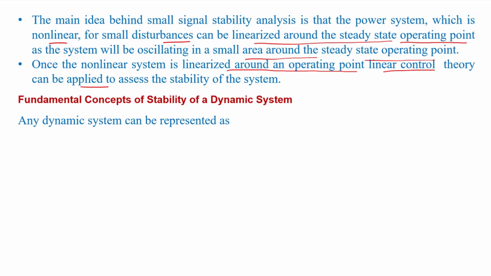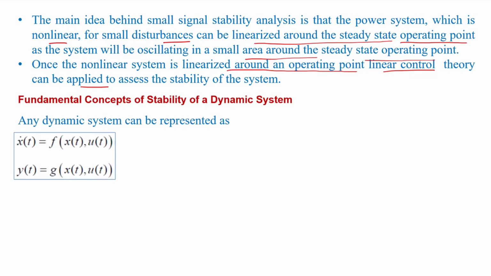Any dynamic system we can represent like this. This is called the state space representation. So x dot t, the derivative of the state variables, is equal to f of xt, ut.